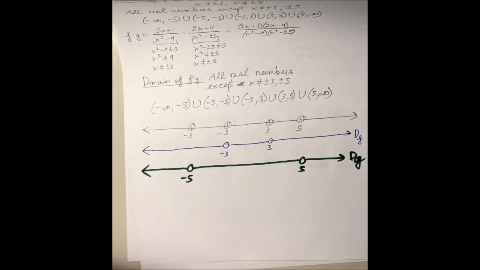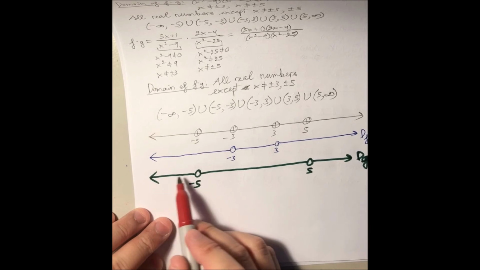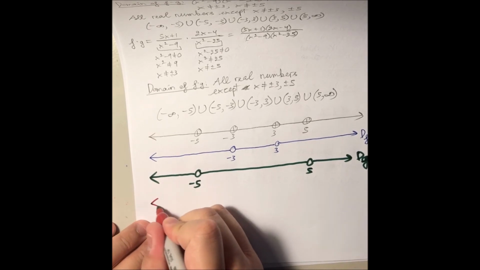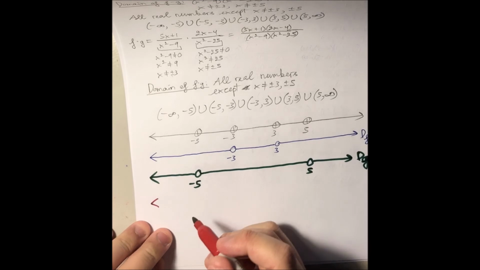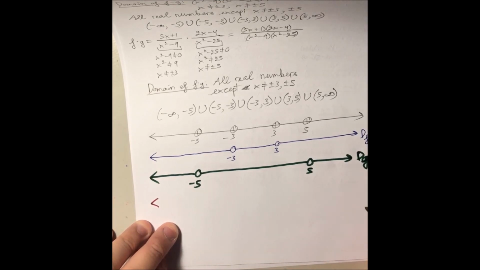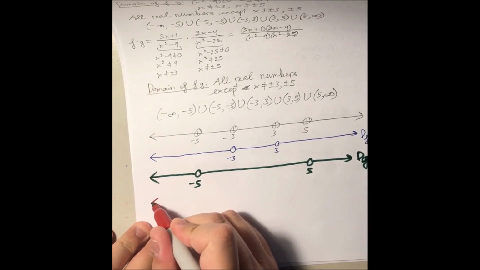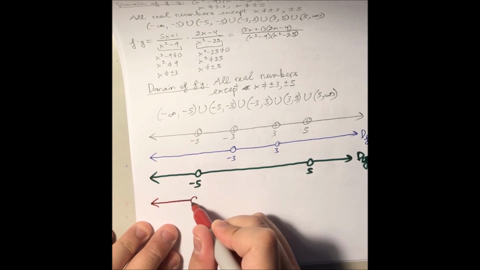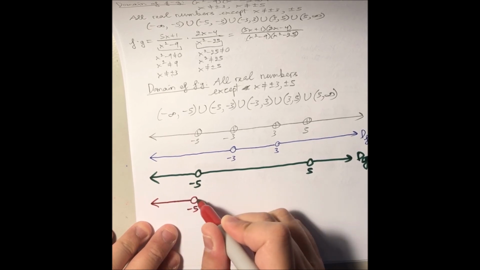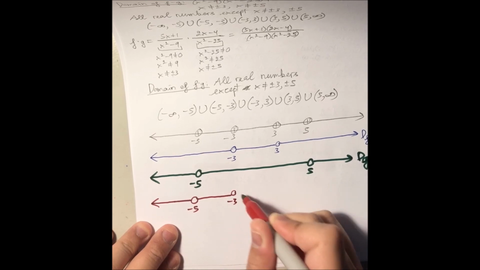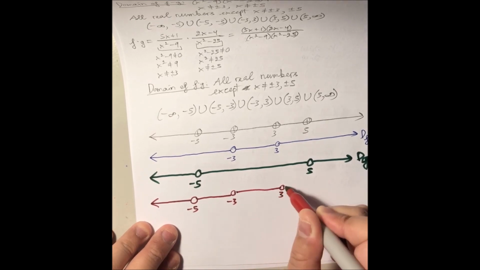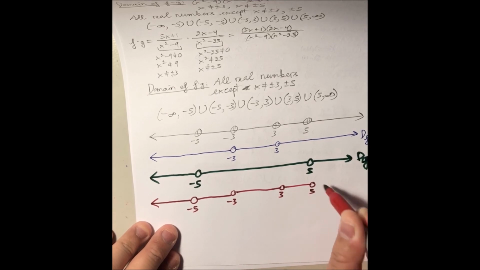So that means the domain of the sum has to include all of the x values that both the f and g domains have in common, which is all the ones on the solid lines. And it also has to include all of the restrictions of both the f and g functions. So it has to include all real numbers except negative 5, negative 3, positive 3, positive 5, and yeah.